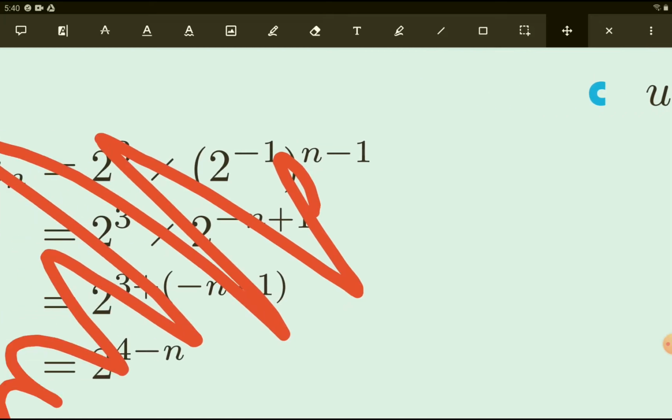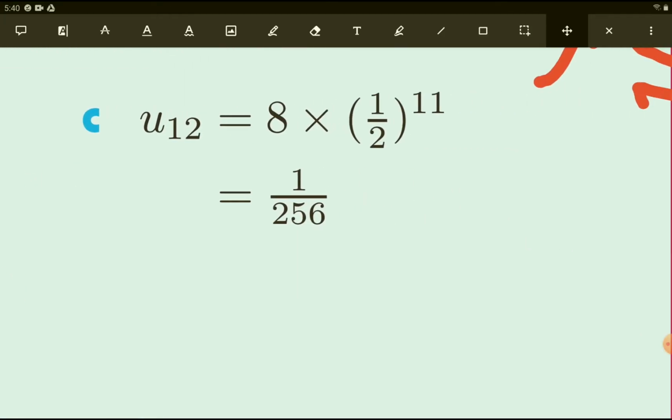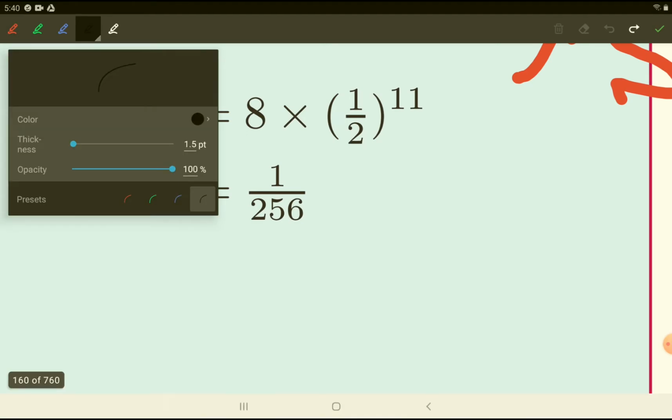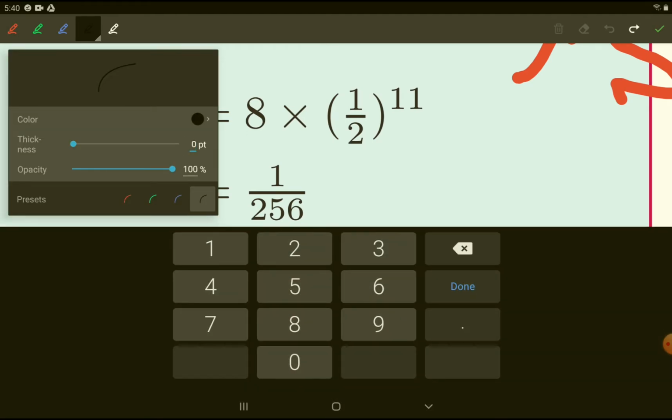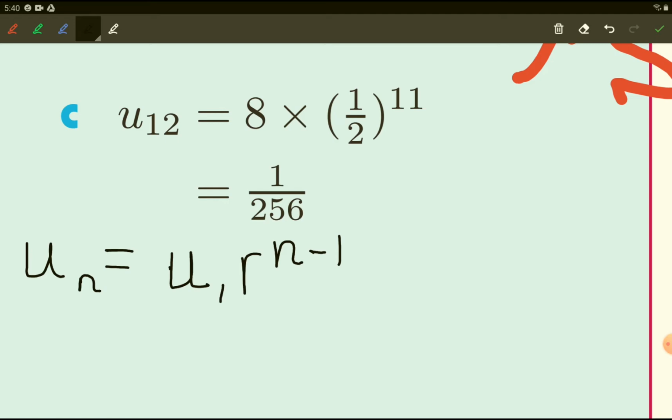So, using the formula we just came up with, which is UN equals U1 times R to the n minus 1.